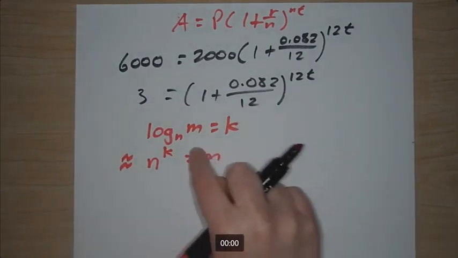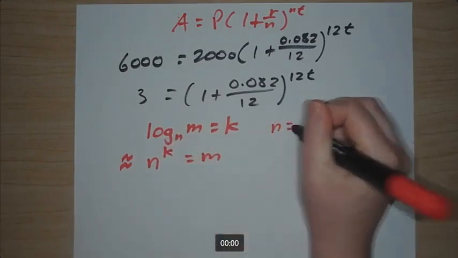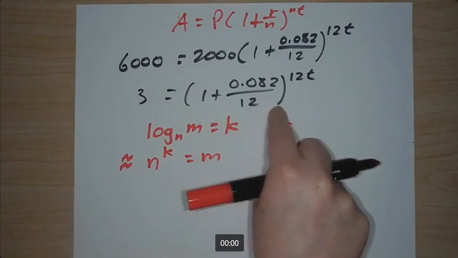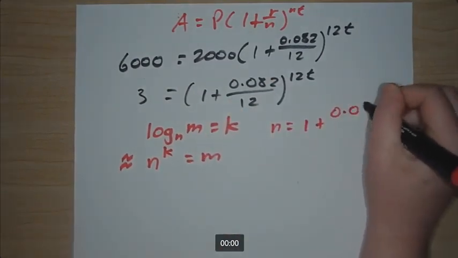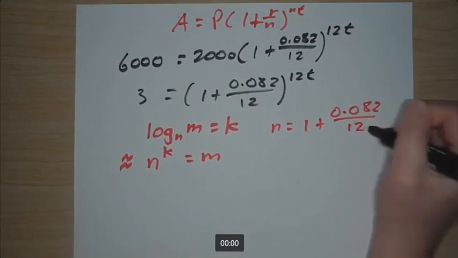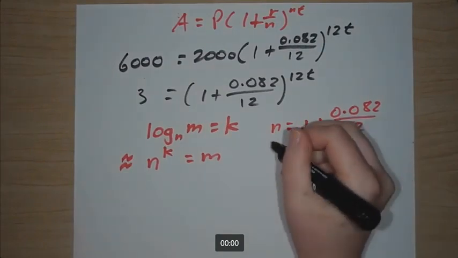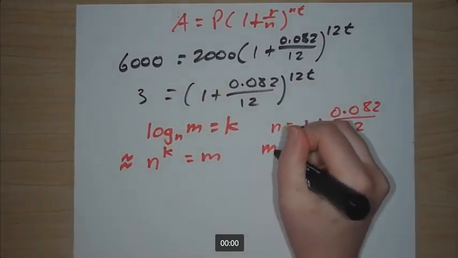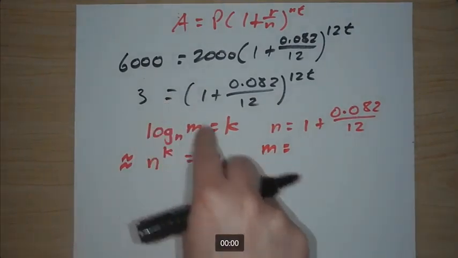So our n, since we have it in this format here, is everything in this parenthesis. It's 1 plus 0.082 over 12. Could simplify that, but there's really no reason to. Our m is going to be what this is equal to.